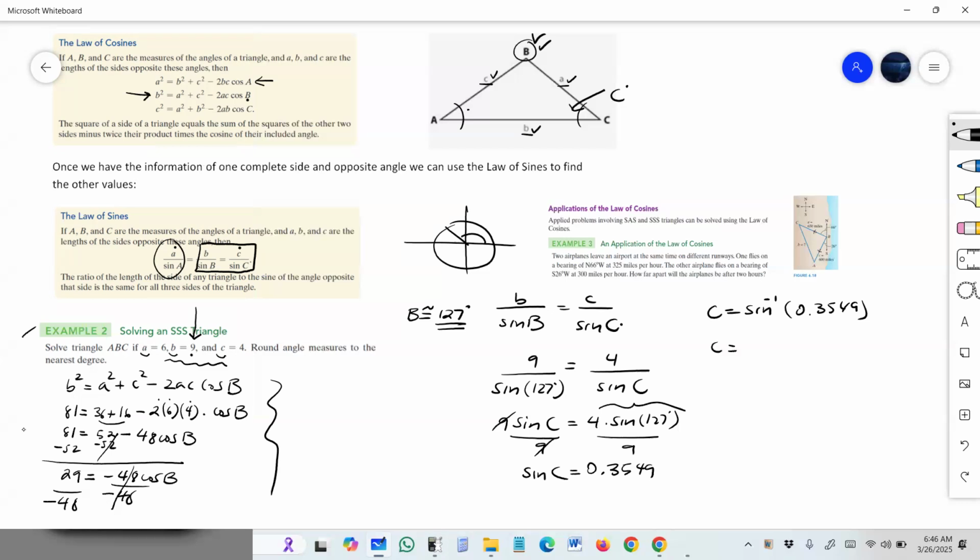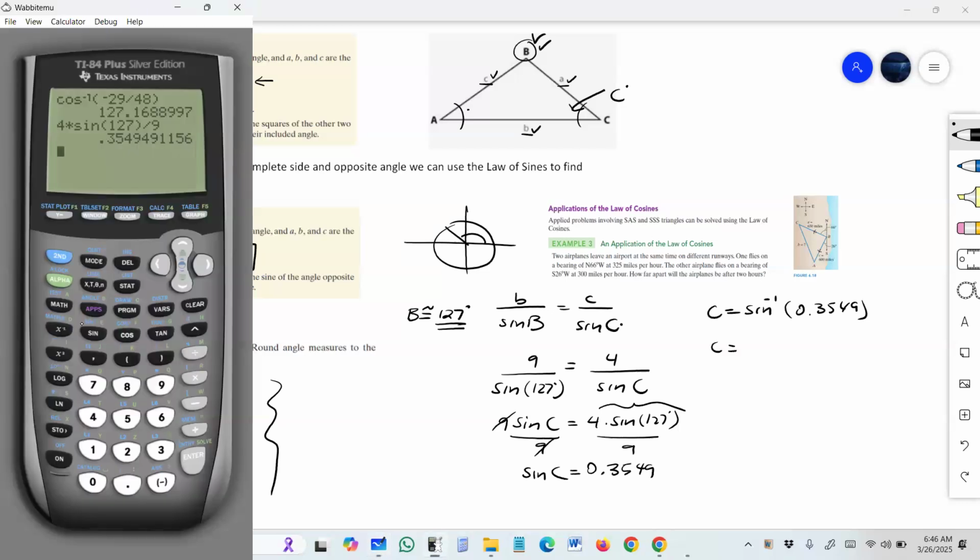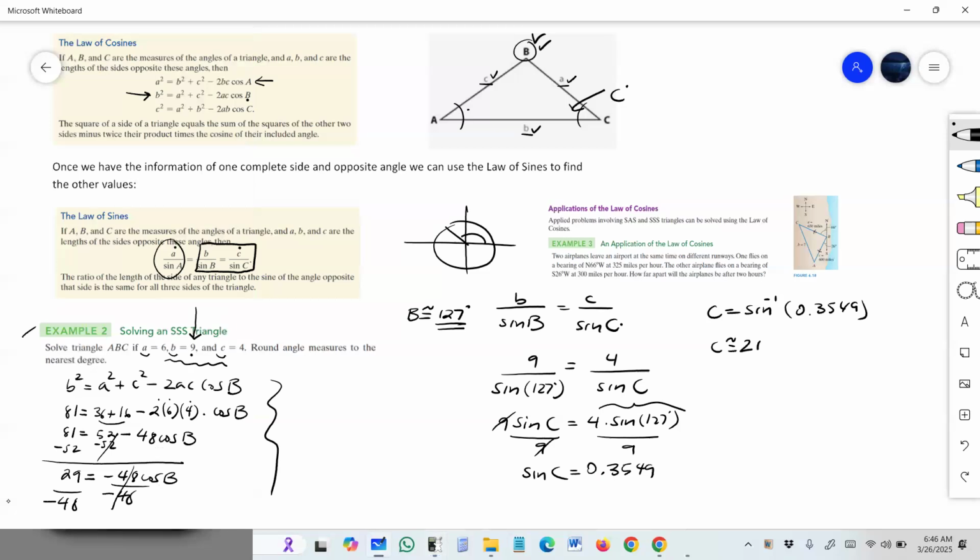Again, I go to the calculator for this. So second, sine inverse of 0.3549, and that should give me the approximate angle 20.78. I'm going to say this is approximately 21 degrees.